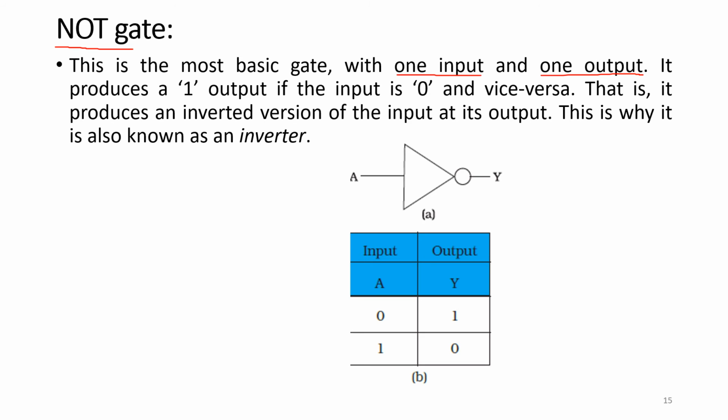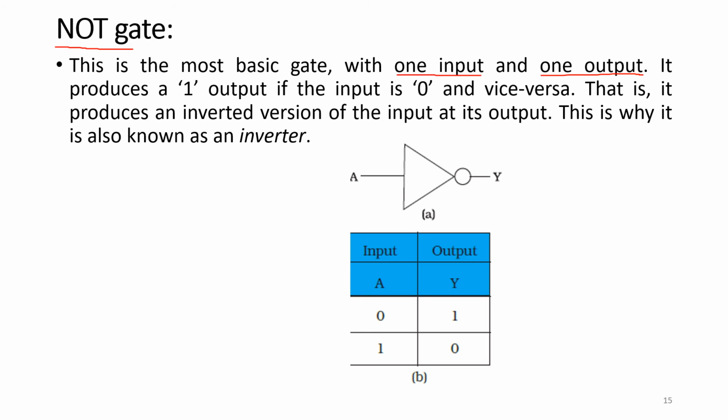The input is represented by A. As we know, with a digital signal, A can have either 0 or 1. Similarly, Y can have 0 or 1. The gate produces an inverted version. That means the function of a NOT gate is NOT of A. If A is 0, the output will be the opposite, that is 1.